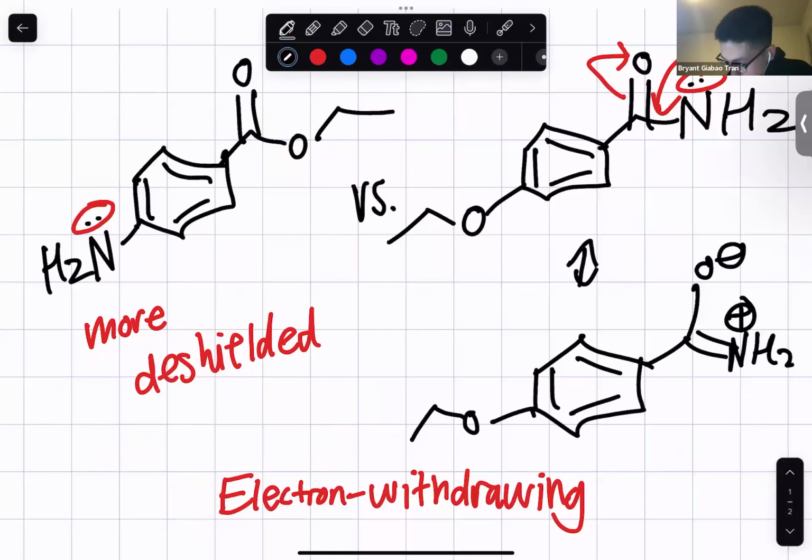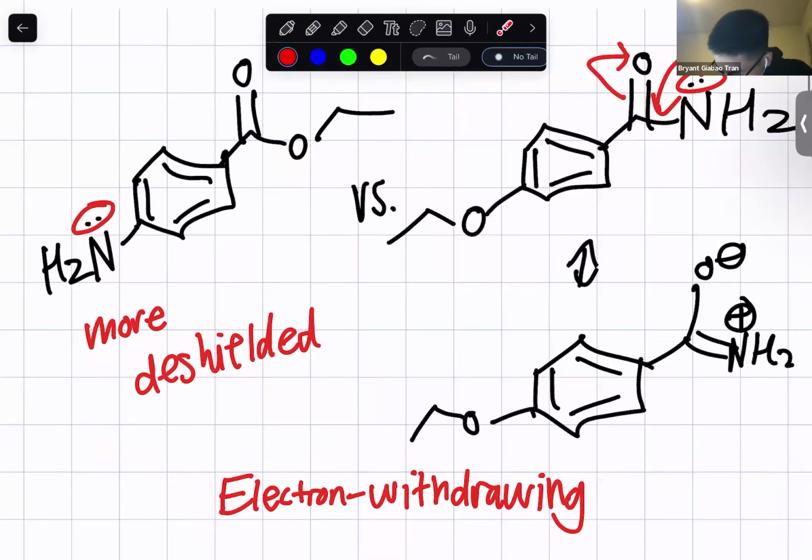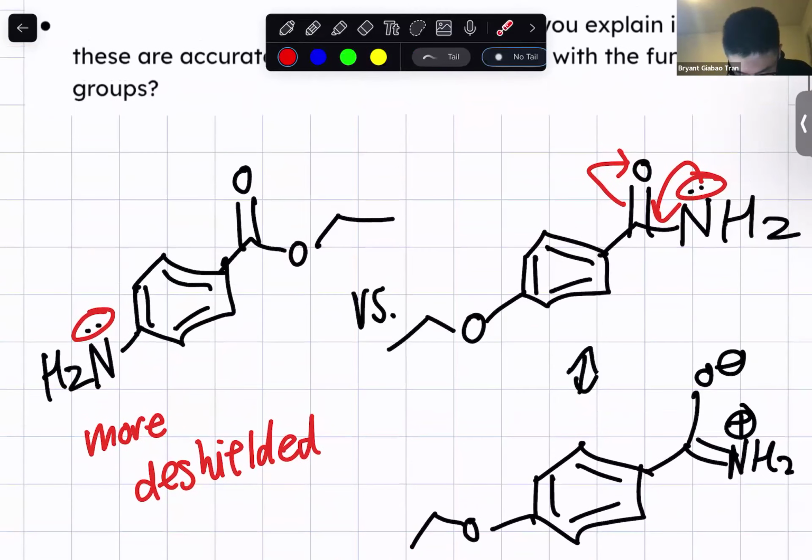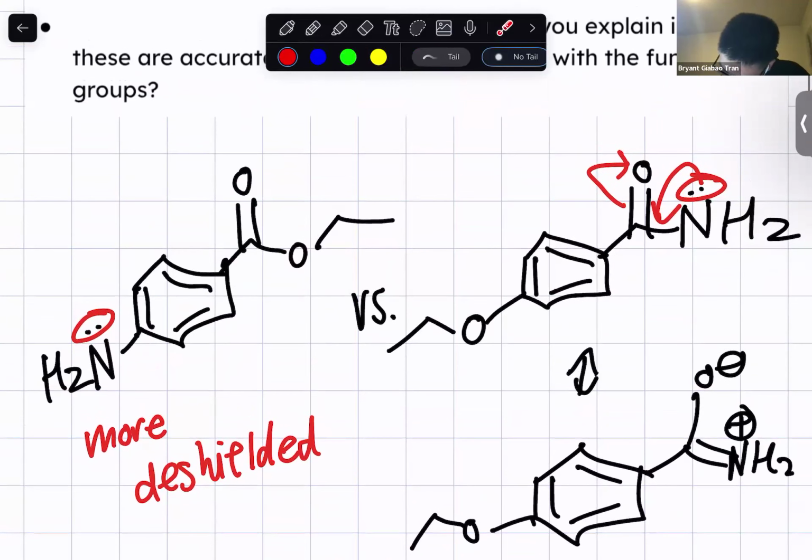Let's see here. This double bond can go here, and we can move this over there as well.